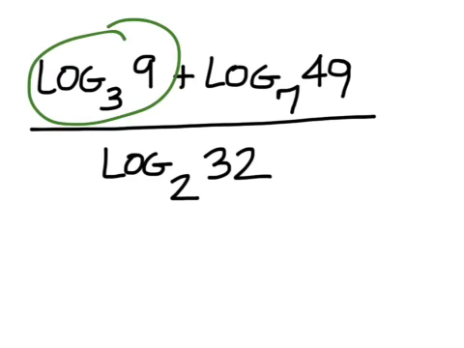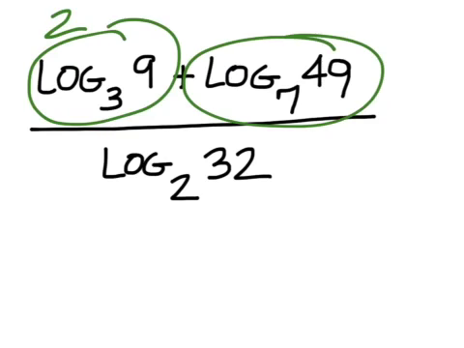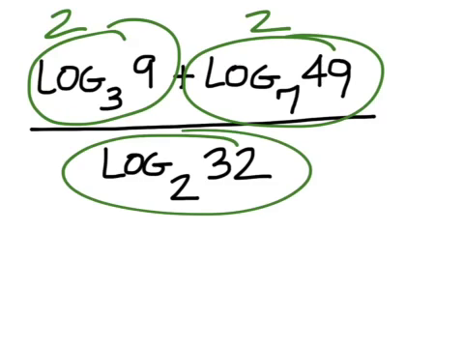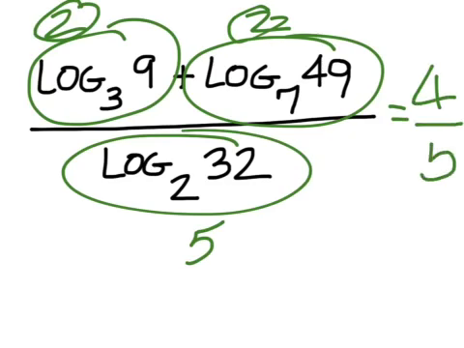What is that particular answer? 2. 7 to some power is 49. That one is 2. 2 to some power is 32. 5. So 2 plus 2 is 4, and then it's over 5.